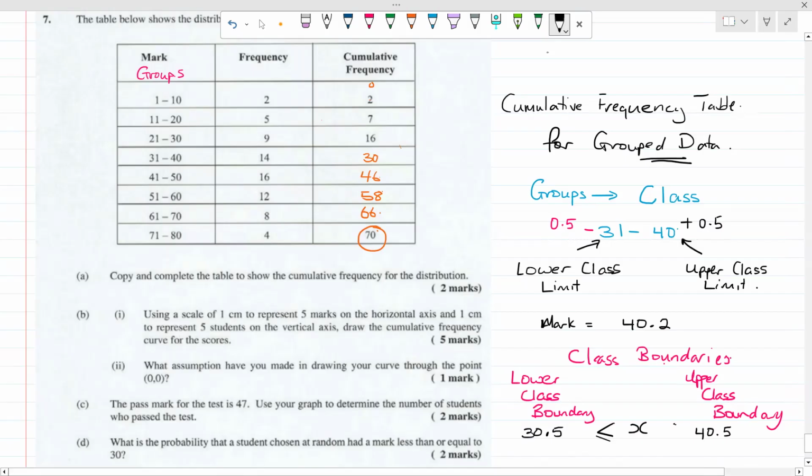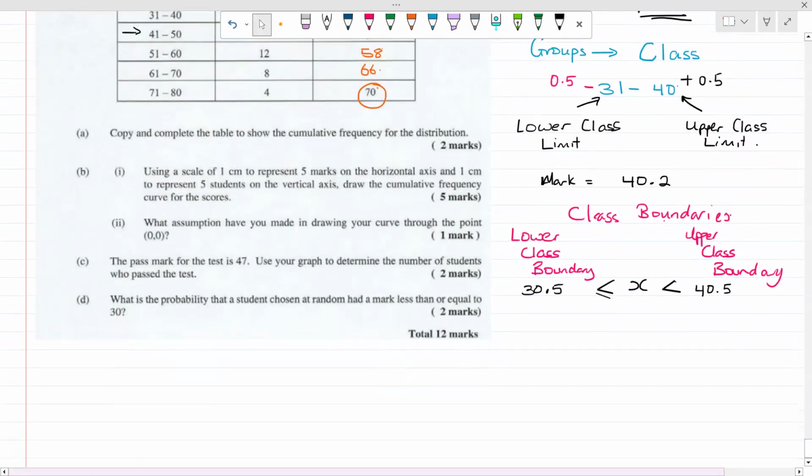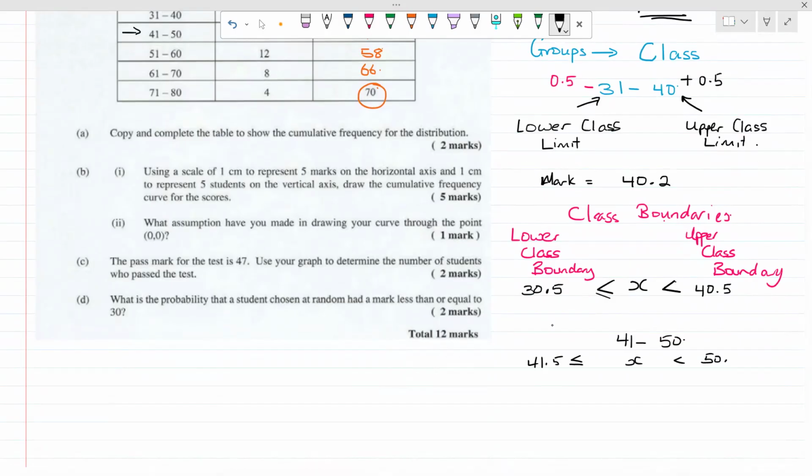But X has to be less than 40.5. So if somebody got a mark of 40.5, they will actually go into the other class, which is 41 to 50. Because the class 41 to 50 actually begins from 40.5 and ends at 50.49. Because when we go to 50.5, we go into the other class. Everybody understand how that works?